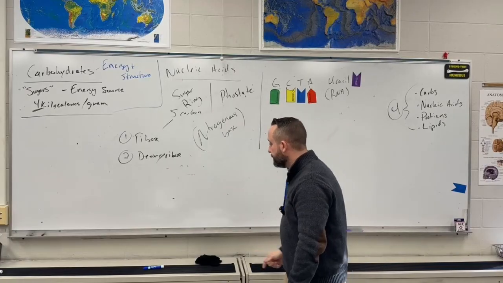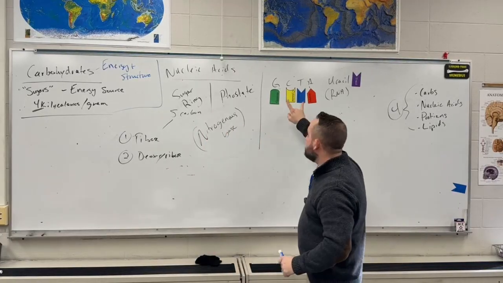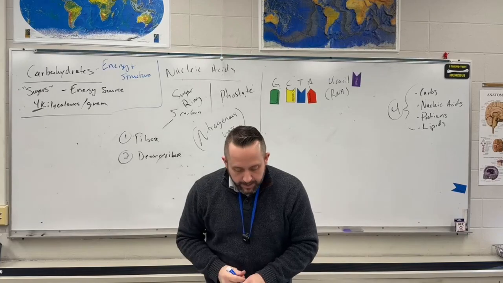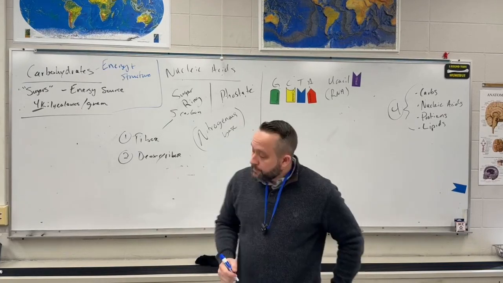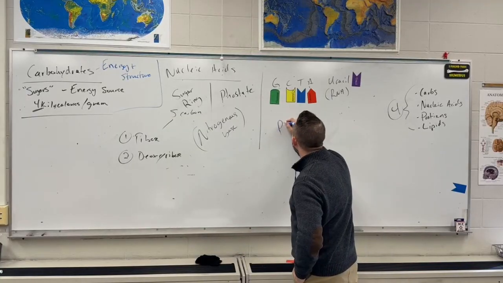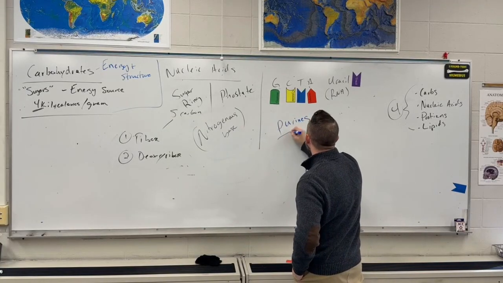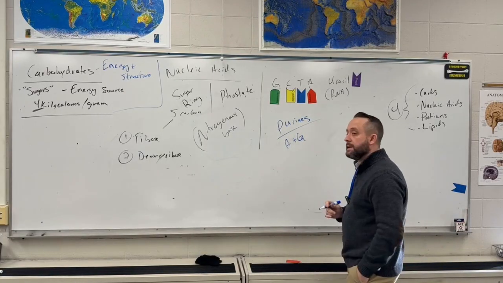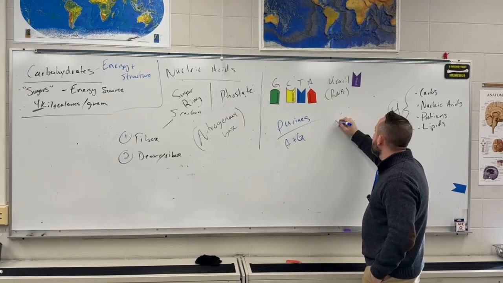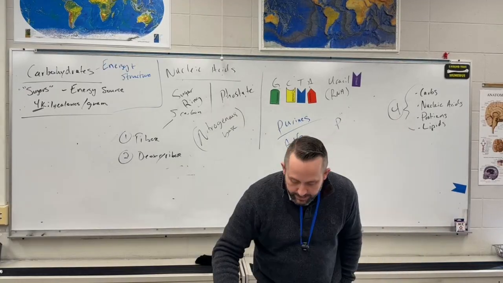Okay. 2 of these have like a big base on them, and we classify them as something called purines. Okay. Adenine and guanine are what we call purines. And I'm going to have to look up how to spell pyrimidines.